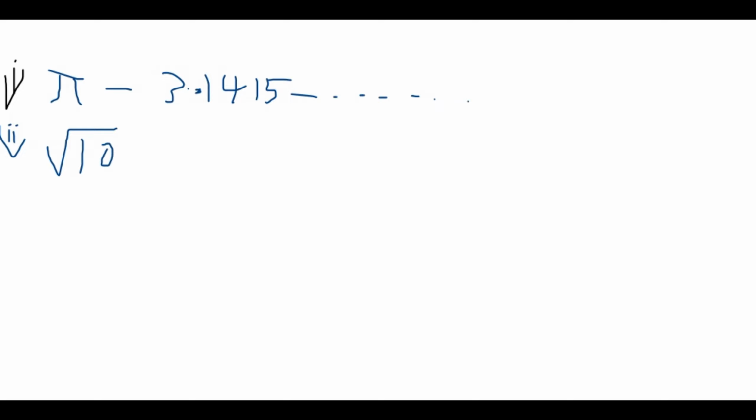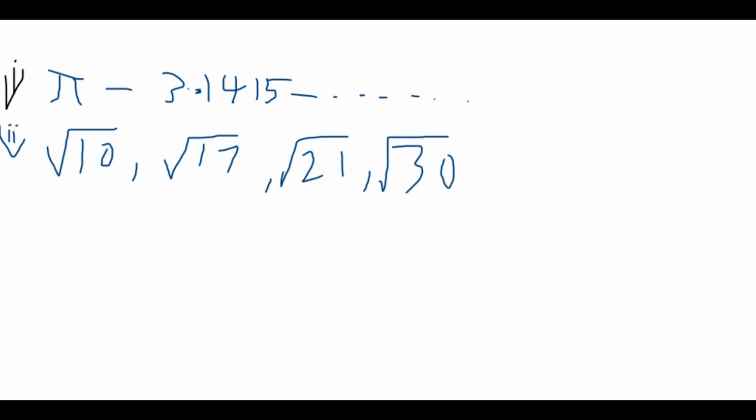The square root of 10 won't give you an integer, but it will give you a decimal number which cannot be converted into a fraction, and therefore is not a rational number. Another, we have the square root of 17, the square root of 21, the square root of 30, and the list goes on. All these are examples of irrational numbers.